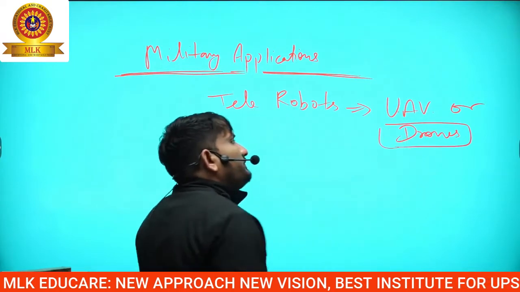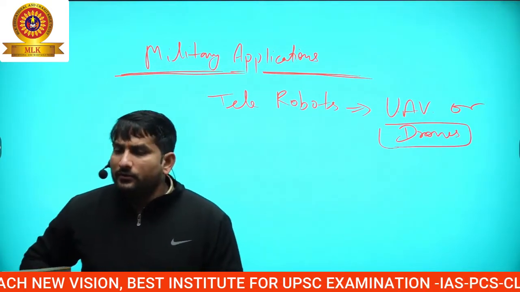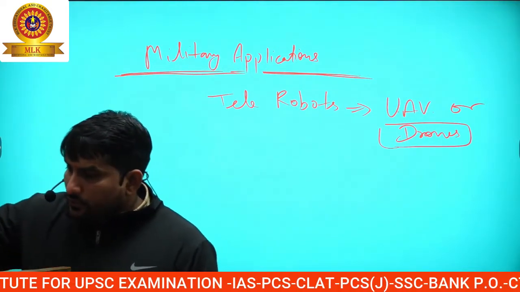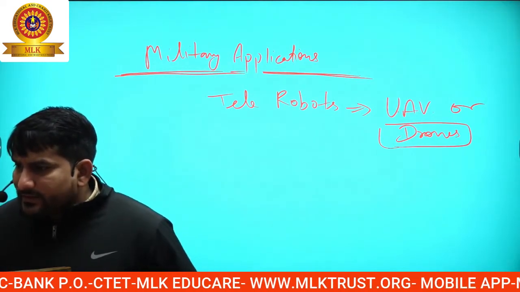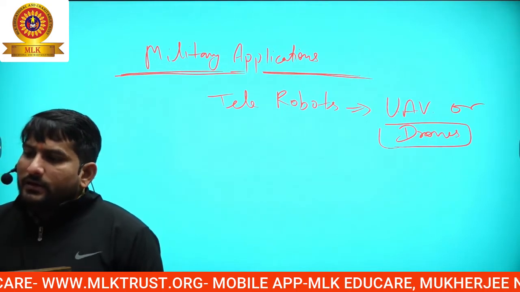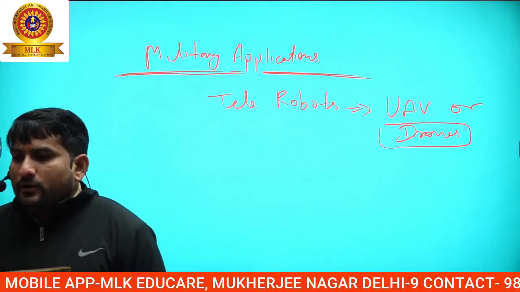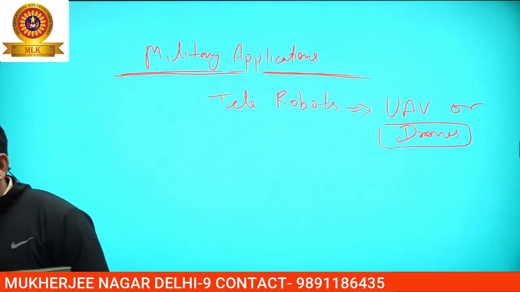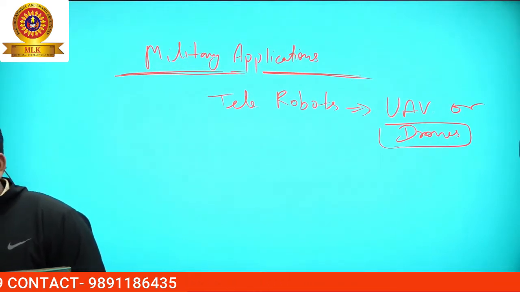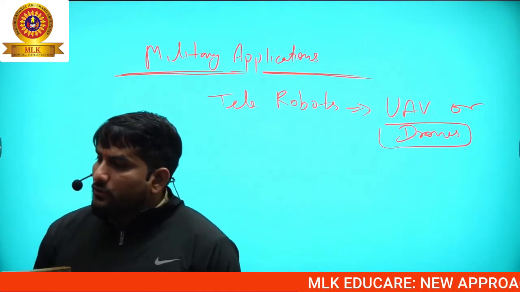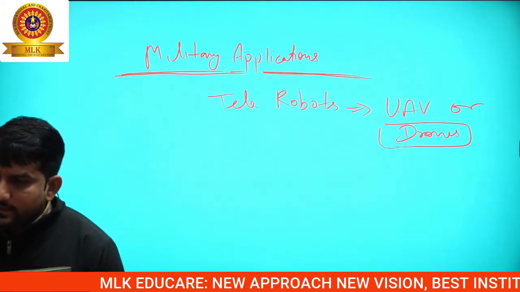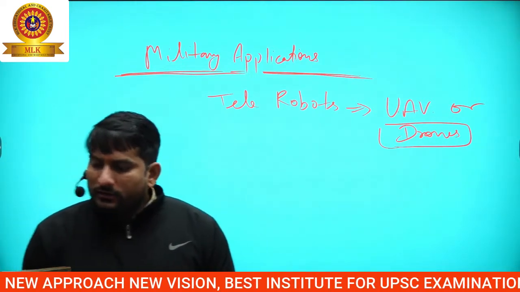So unmanned air vehicles, or you can say unmanned armed vehicles, can go into far places or inaccessible areas to collect the sensitive data of an enemy territory without endangering those who are controlling them from outside. This can even fire on targets.